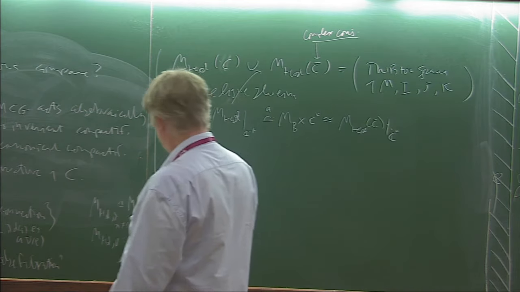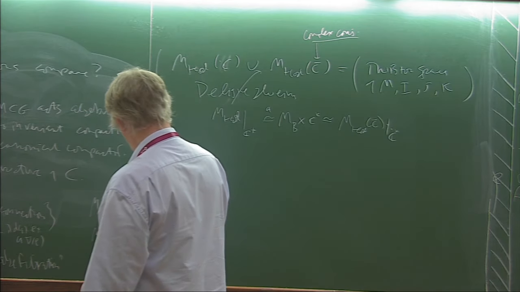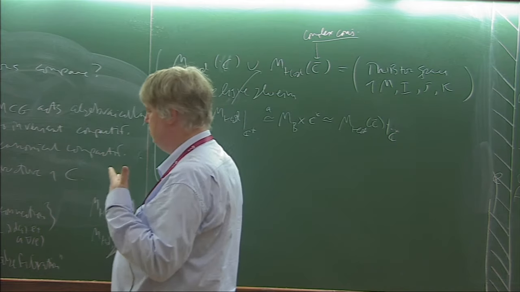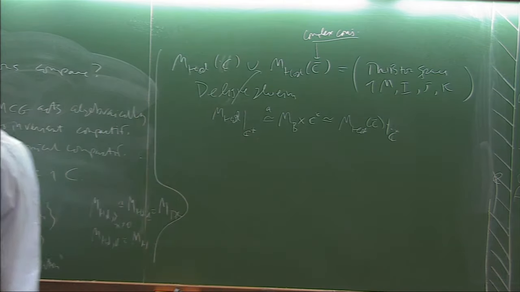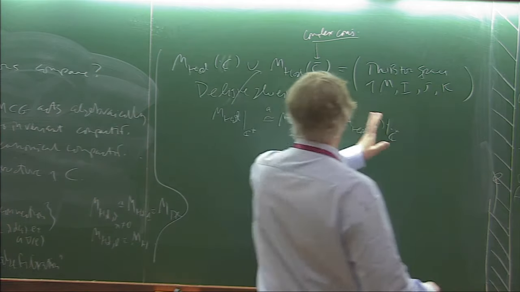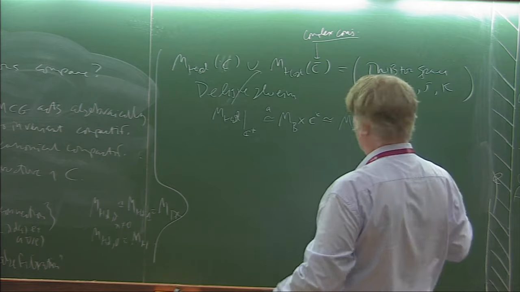These families are trivial over the complement of the origin. If you trivialize it, you just get M de Rham. Then you apply this M de Rham isomorphic to M Betti. M Betti of the curve is isomorphic to M Betti of the complex conjugate curve. So there's something going on here, right? Isomorphic to M Betti of the complex conjugate curve. Then we can just go back in the other direction. That gives us our gluing map.